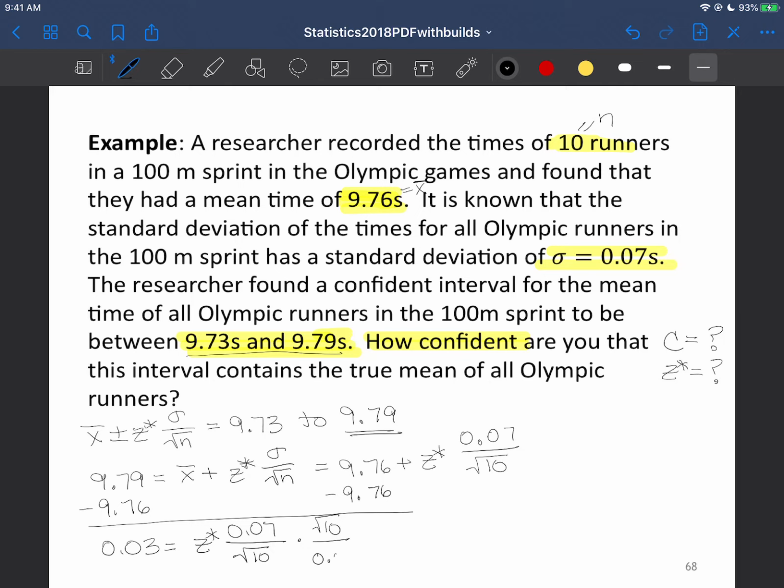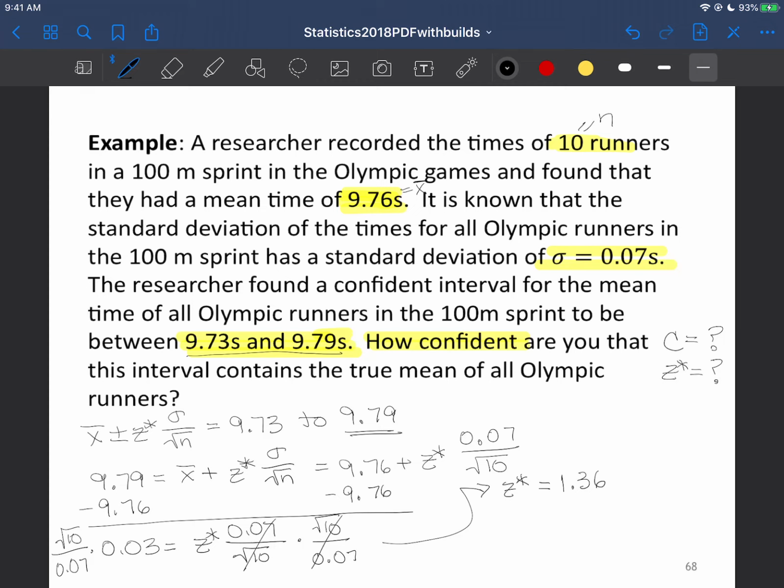So I'm going to multiply both sides by the square root of 10 divided by 0.07. And so what happens here? On the left, I get Z star. I'm going to switch sides here. And on the right, I just need to plug this into my calculator. So I have the square root of 10 times 0.03 divided by 0.07. I'm going to round to 2 decimal places, and that's going to give me 1.36.